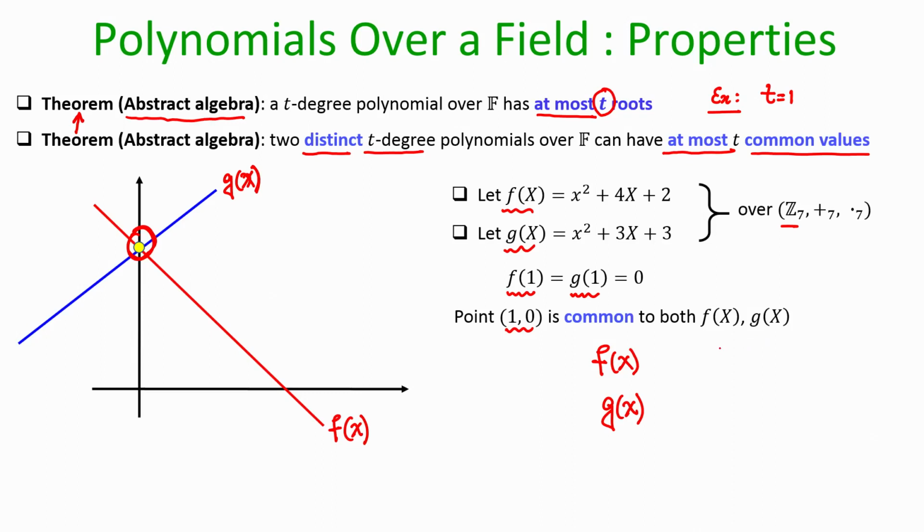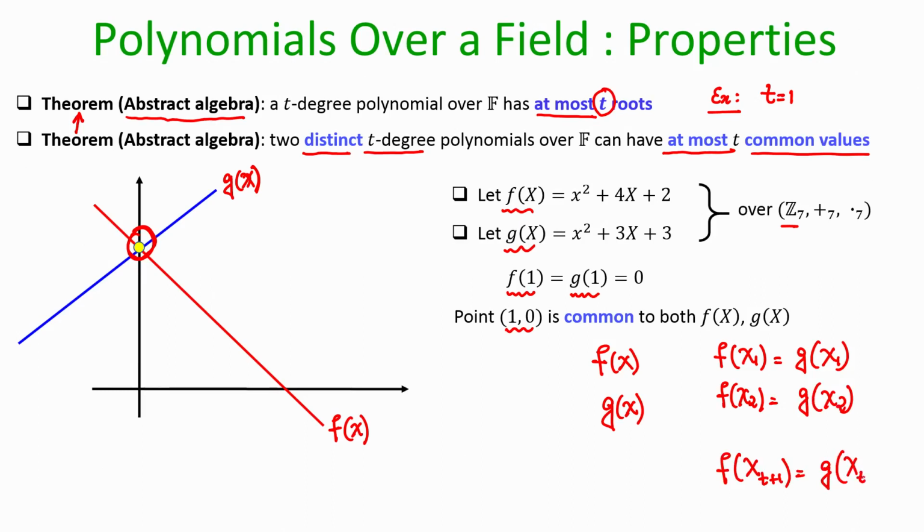That means, you have say f of x 1 equal to g of x 1, f of x 2 equal to g of x 2, and like that f of x t plus 1 equal to g of x t plus 1, where these x 1, x 2, up to x t plus 1 are all different.